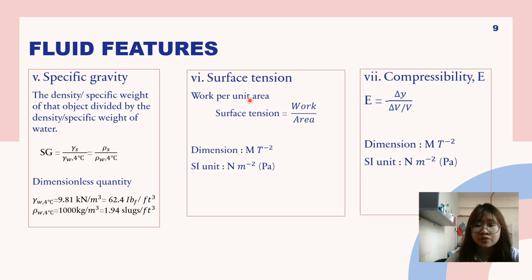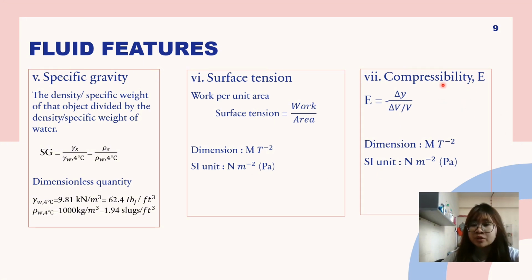Surface tension is the work per unit area, and it can be derived by using the work divided by the area. Dimension will be M times T^-2. SI unit is Newton per m squared.